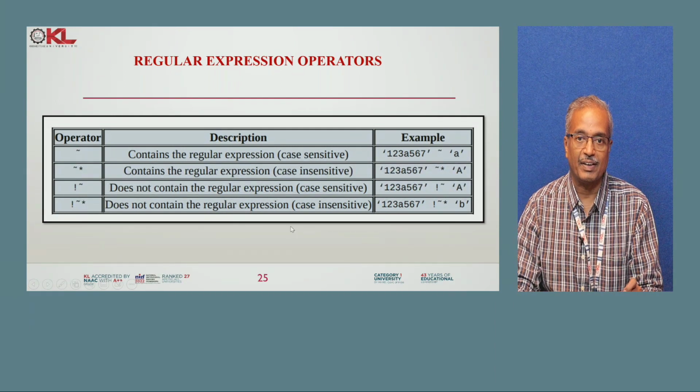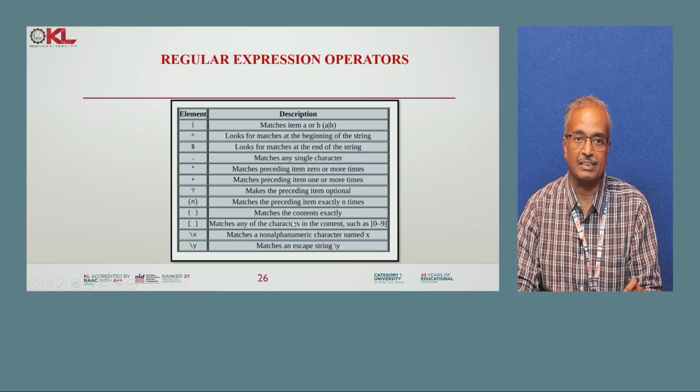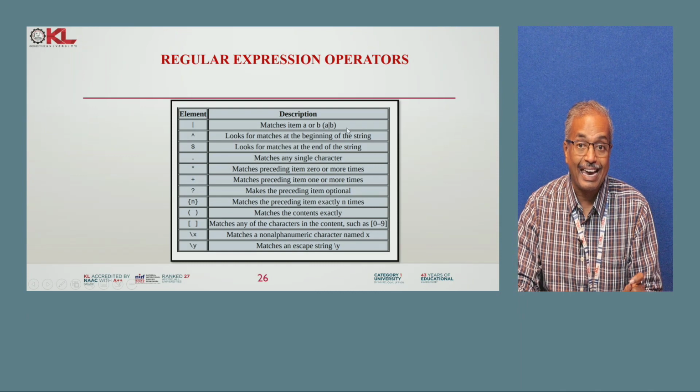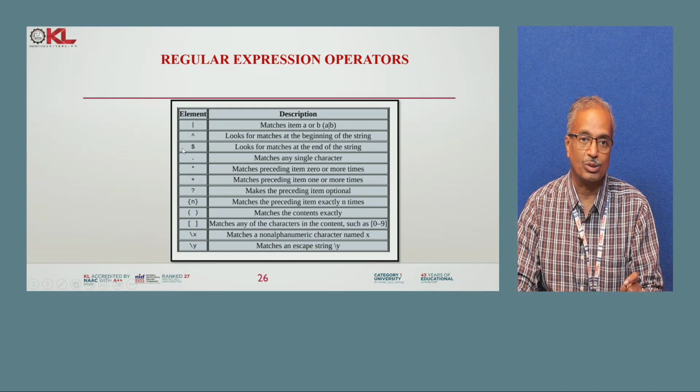These are the different uses of these operators. Also, the pipe symbol matches item A or B, and the caret symbol looks for matches at the beginning of the string.